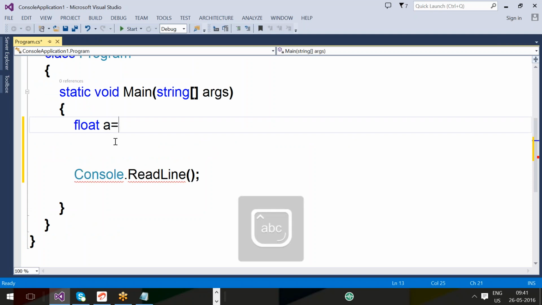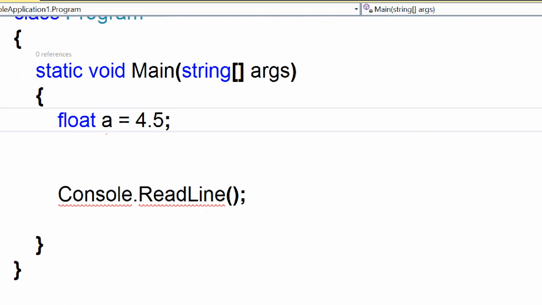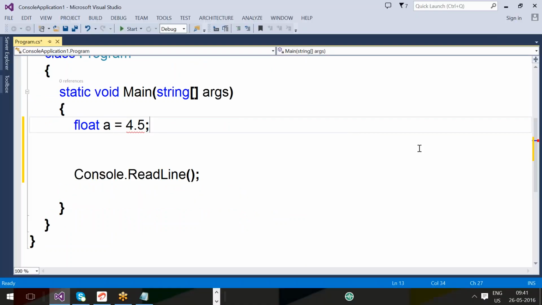float a = 4.5; Valid or invalid? Valid. No, invalid. Right. So float, valid or invalid?